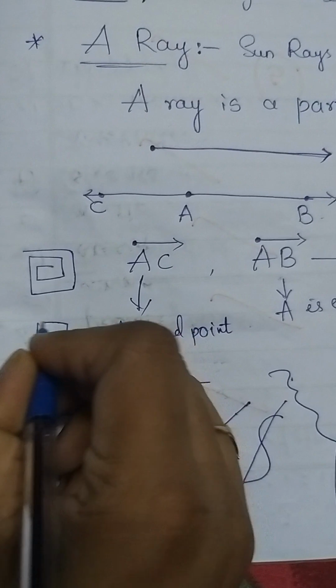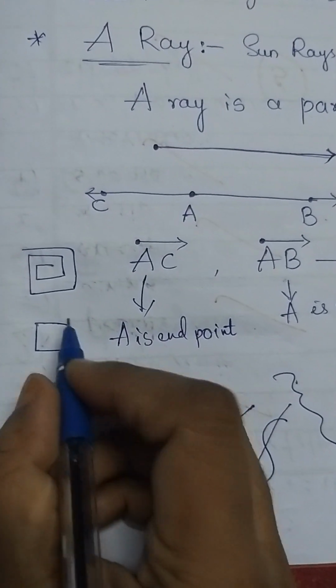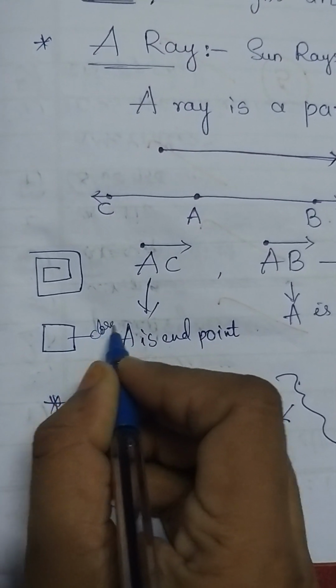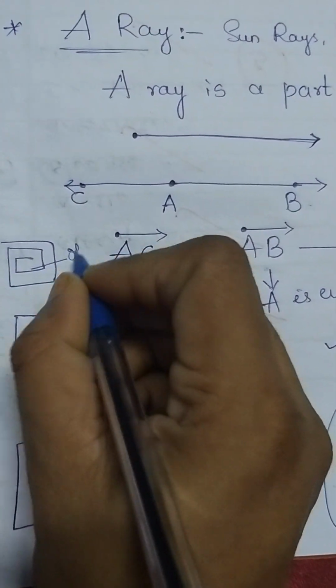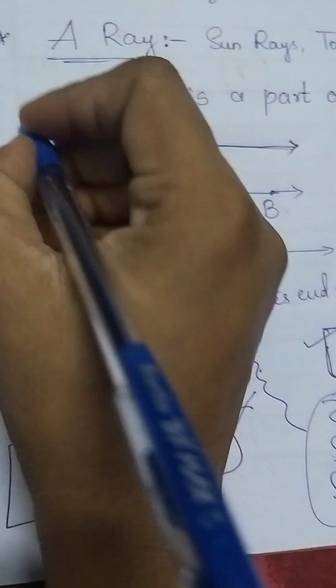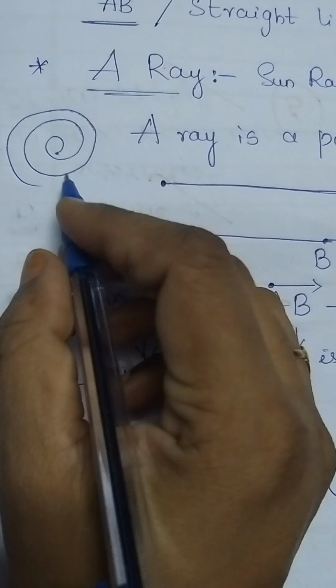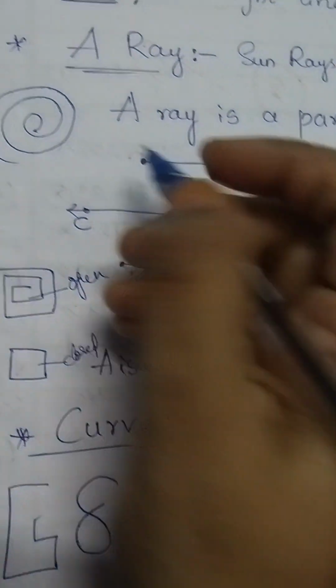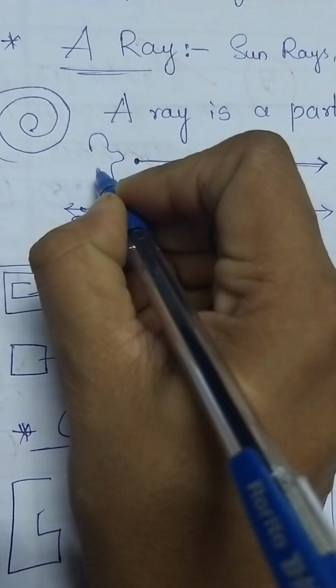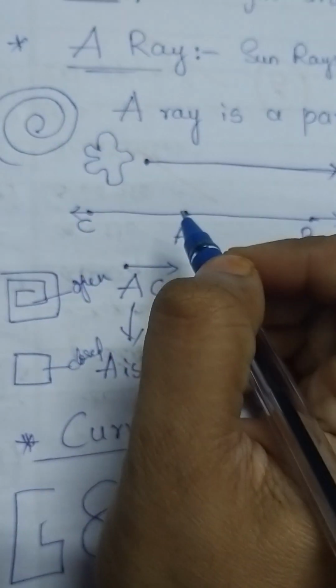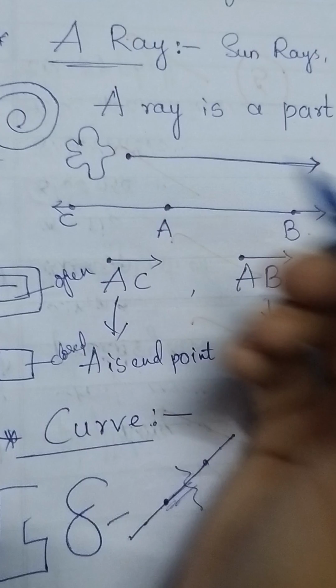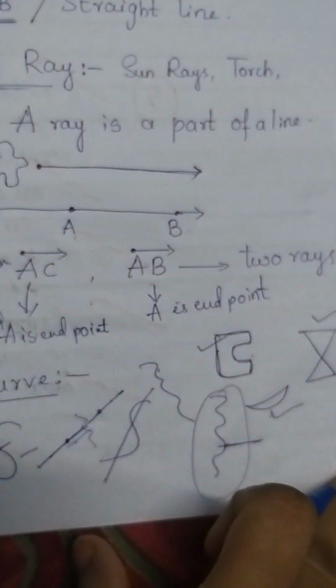When it is like this, fully closed, this is closed, and this is an open curve. If it is like this curve, this is open. If it is like this, this is a closed figure. Okay. These are curve examples, children.